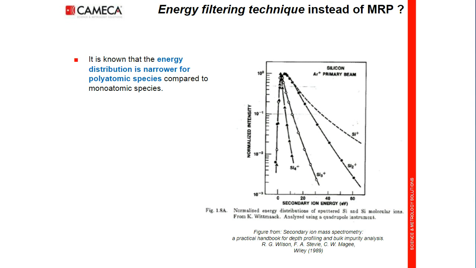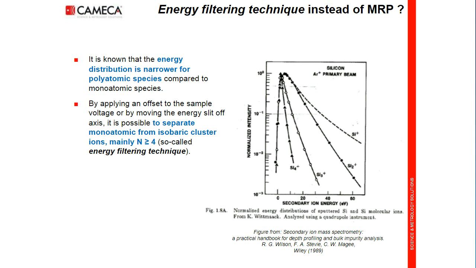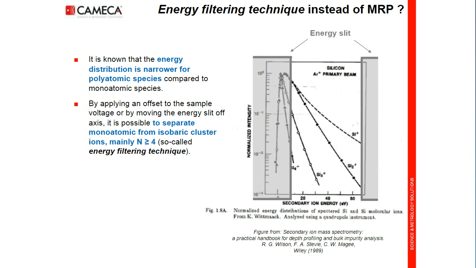We can see in this example that the energy distribution becomes narrower as the silicon cluster size increases. By moving the energy bandpass towards the high energy part of the distribution, either by applying an offset to the sample voltage or by moving mechanically the energy slit, it is possible to separate monoatomic from isobaric cluster ions. In this example, one can eliminate the large cluster ion silicon-4.